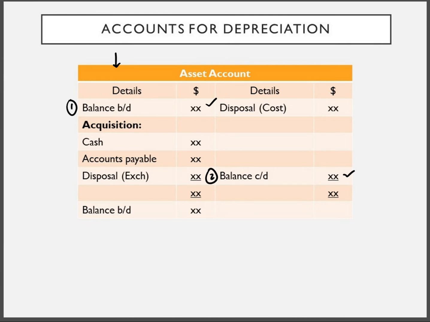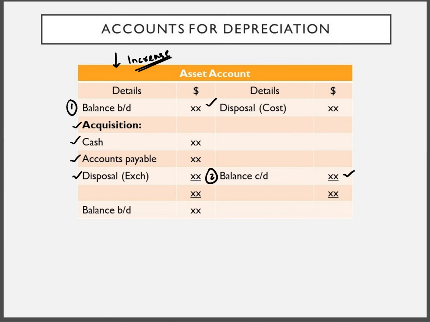So all the items that increase the asset will come into the debit side, which is the acquisition or buying of new assets, and we will record the items in accordance with the mode of transaction. If it is for cash, we will write cash. If it is on credit, we will write accounts payable, and if it is an exchange for a new asset, then it will be recorded as disposal.